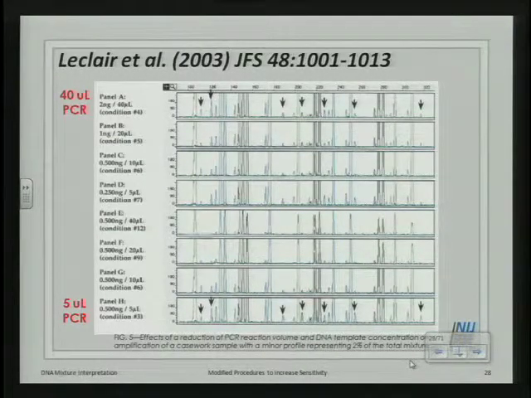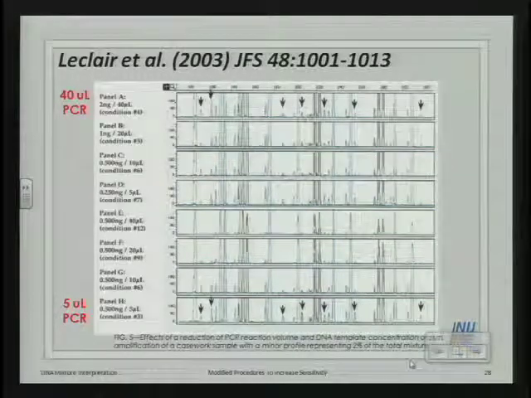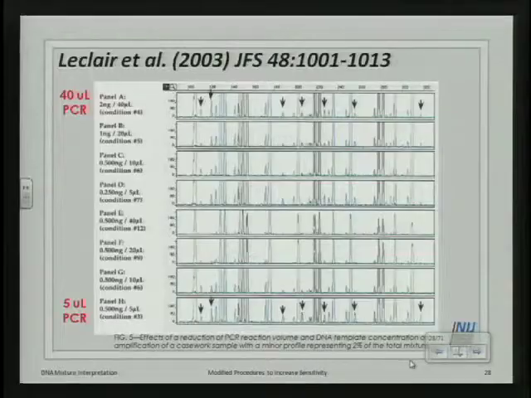If you do a 5 microliter PCR with half a nanogram of DNA, so you've concentrated it from 40 down to 5, you can see that these peaks are a little bit higher than what you get with 40 microliters of PCR. So this far right peak is a little bit higher than this peak here. So by sort of crowding the PCR space, you can potentially increase the successful amplification.